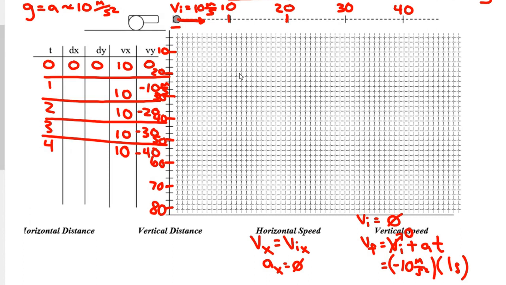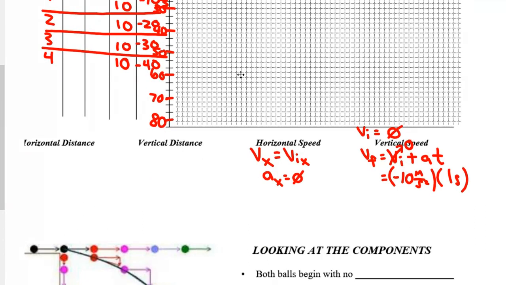Now, the horizontal distance, this dx term, there are a couple ways of thinking about it, but I like to use equation 4, d equals Vi t plus 1/2 a t squared. And what we said is that since the horizontal motion is constant, that horizontal acceleration is 0. So this whole second term cancels out.